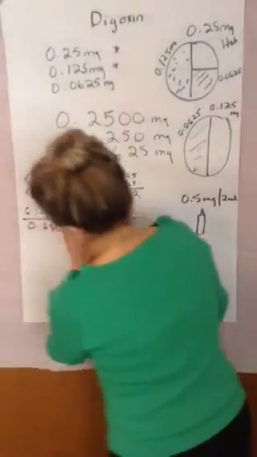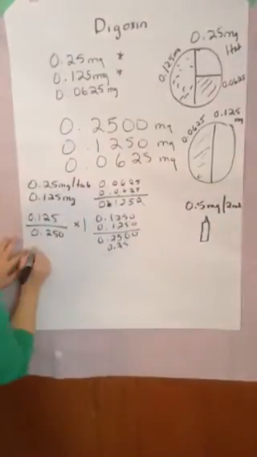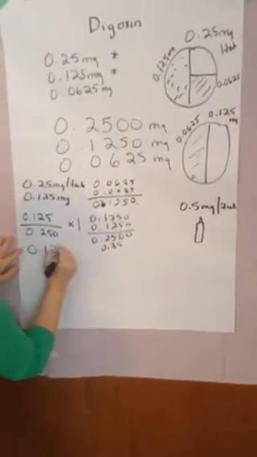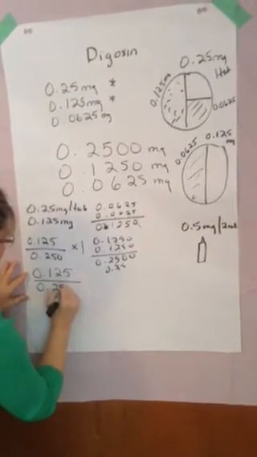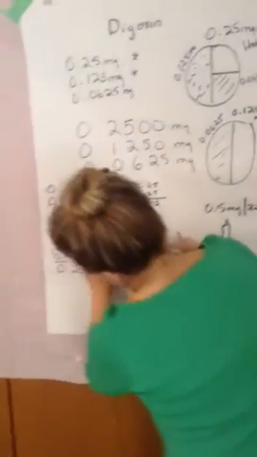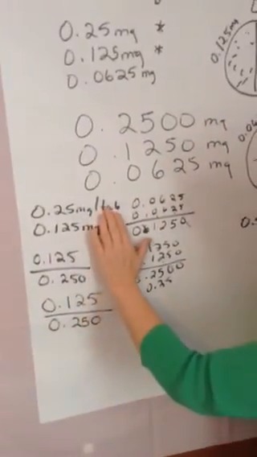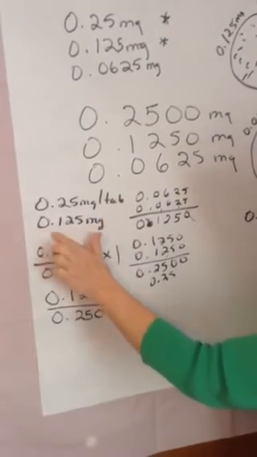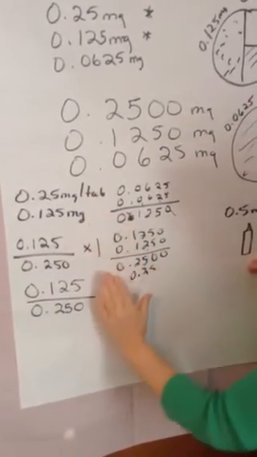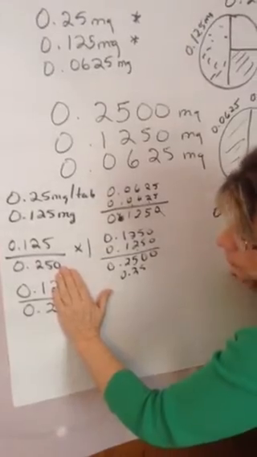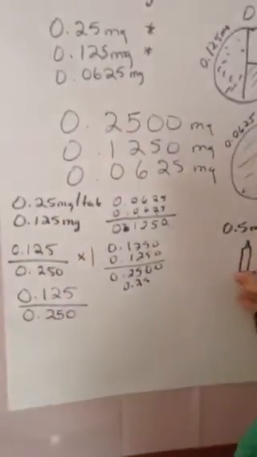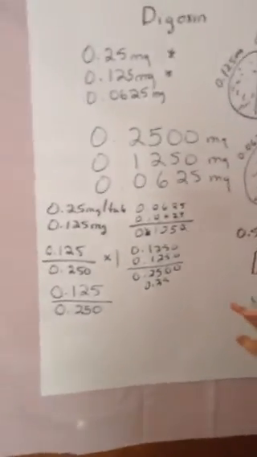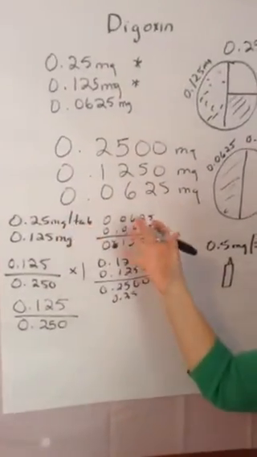I'll get out of the way. Actually, I'll line that up better. Just a minute. Okay. Look here. It's 1/2. So if you have a 0.25 milligram tab, he's ordered 0.125, that tab will be scored, and we'll give a 1/2 a tab.